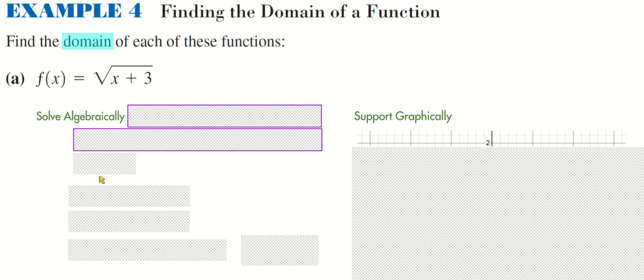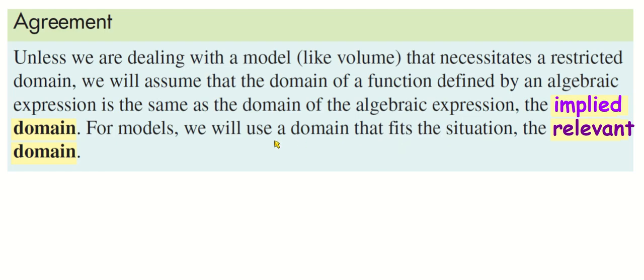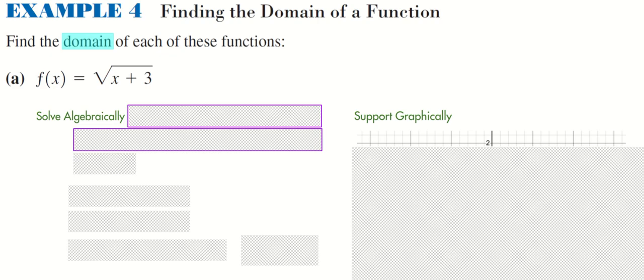So you're just going to have to assume that whatever the domain of this expression is, is the domain of the entire thing. Like, what does it say here again? We will assume that the domain of a function is the same as that expression. It's almost too meta or too wordy. Anyway, let's get down to it. More on this with example B.